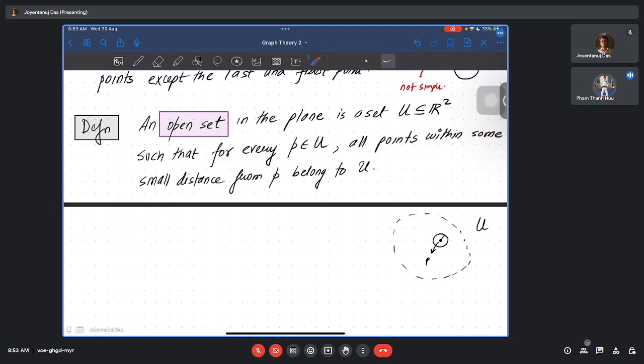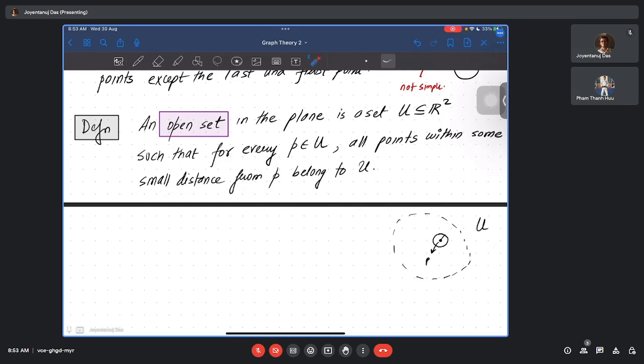Every point also works, except the border. I think the border is the key difference between open set and closed set. In a closed set it is fine, but for an open set, the border points will not work. So closed set is different from open set.